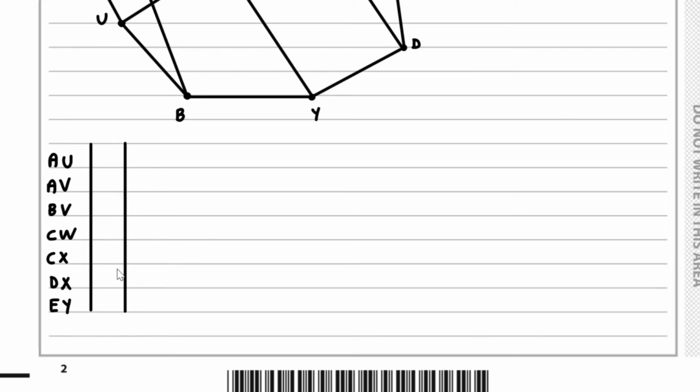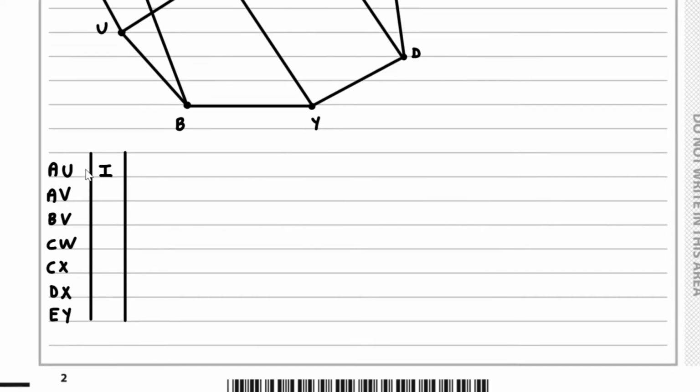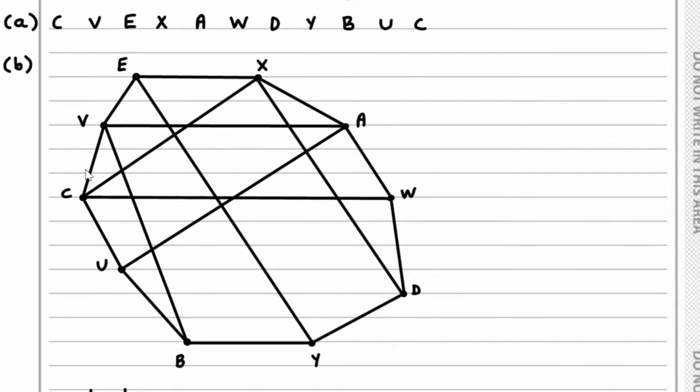Now that we've done that, we can label one of these edges with I. Say we label AU with I. Let's show that AU has been labelled I, and then we see what crosses AU.